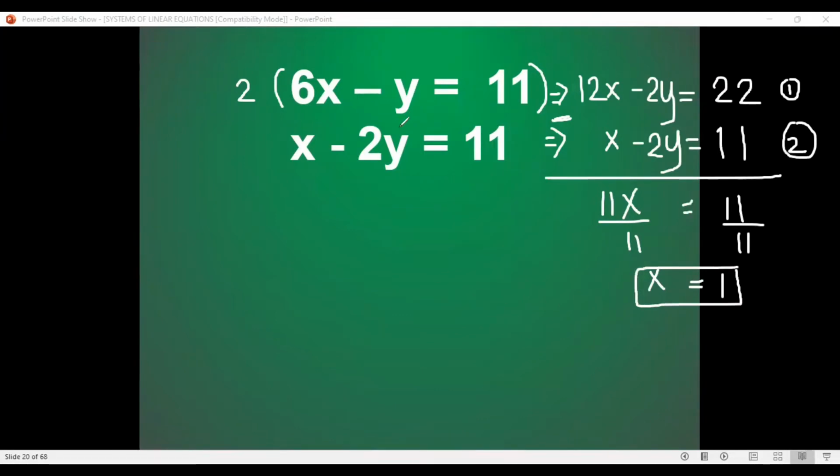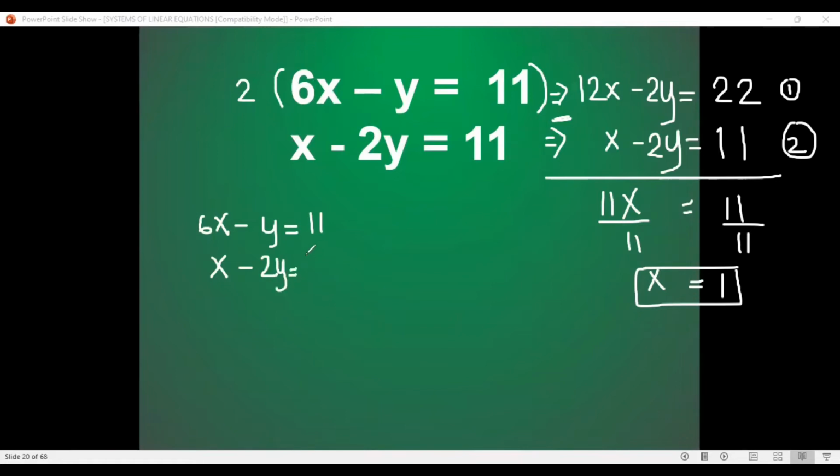Now, if you want to go purely elimination, then you can do that again by trying to eliminate our x. This time, we have 6x minus y is equivalent to 11, and the other one is x minus 2y, also equal to 11.